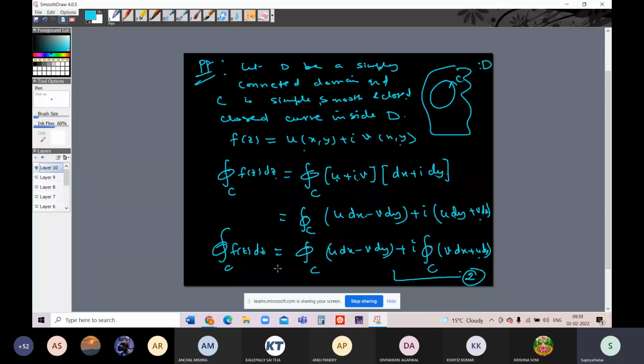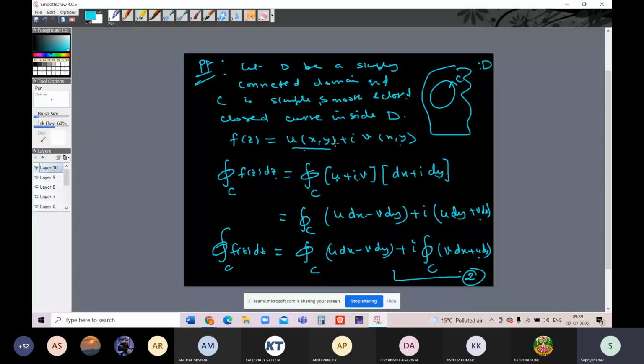Now we will use here Green's theorem. You know that f(z) is analytic in domain D and f'(z) is continuous in domain D. So obviously, if f'(z) is continuous, it means the first order derivatives of these two functions u and v will also be continuous in D, because f'(z) will be del u by del x plus iota del v by del x.